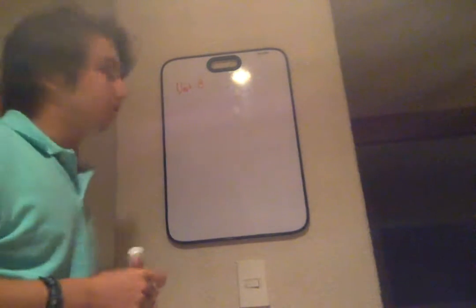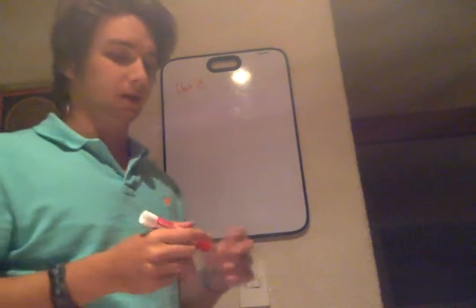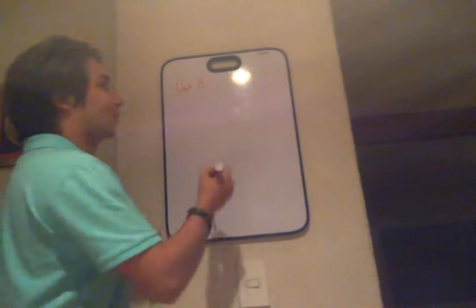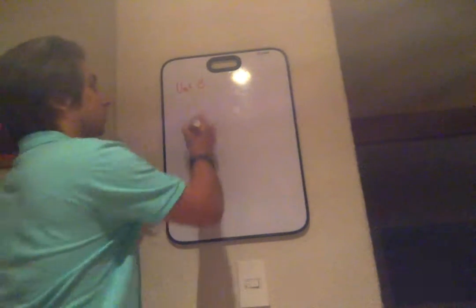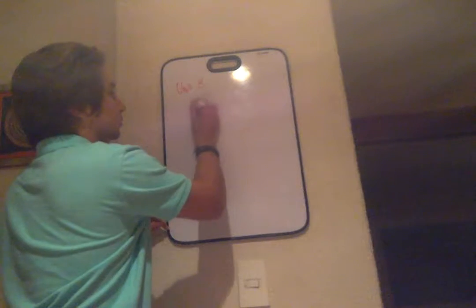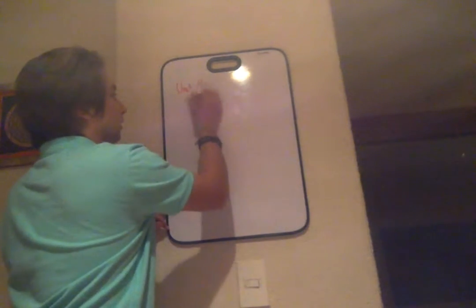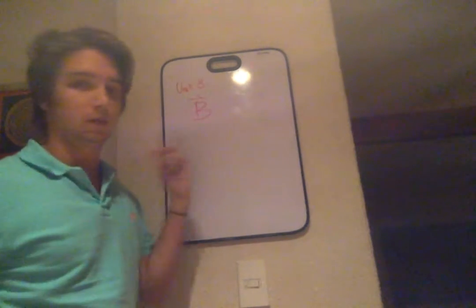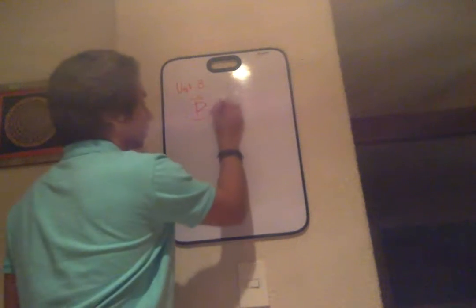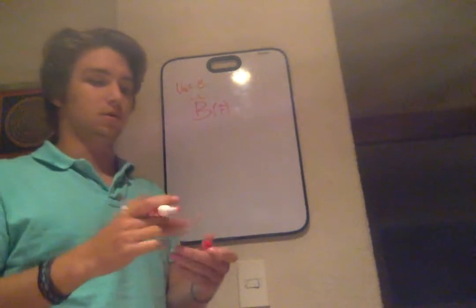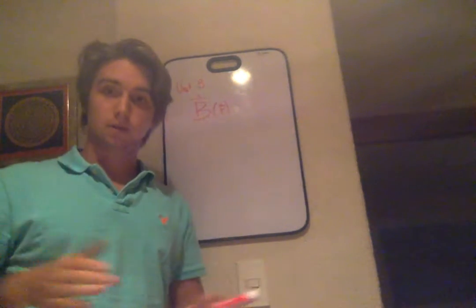Before that, I want to explain something. When we have two different magnetic fields, and the magnetic field is expressed by a B, we always have to consider that it's a vector, so it has a direction and a magnitude.